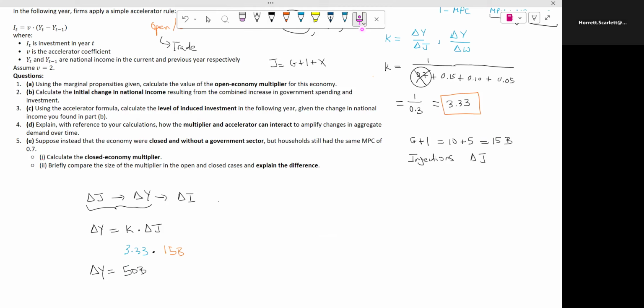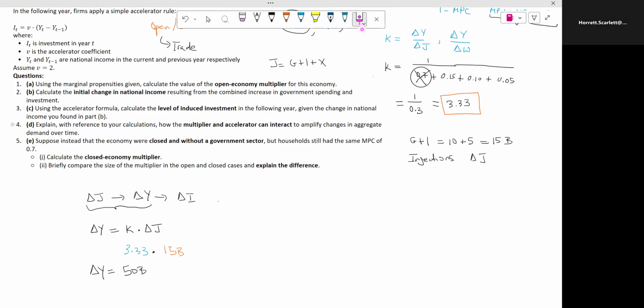But this is going to create a demand of about $50 billion, or put it another way, it's going to raise the national income by about $50 billion, because we have to account for the multiplier effect. So over time, we are saying that this $15 billion is going to generate $50 billion worth of activity.